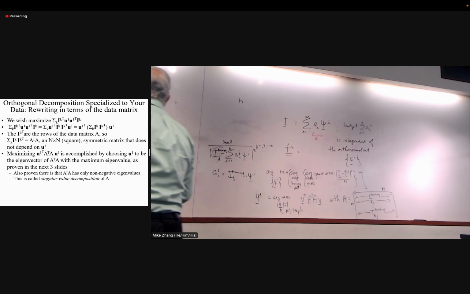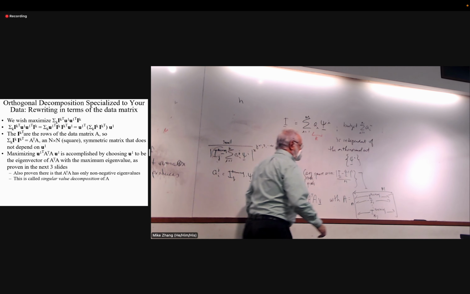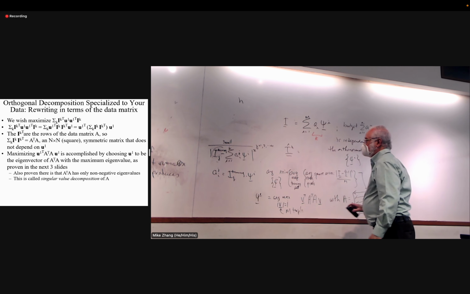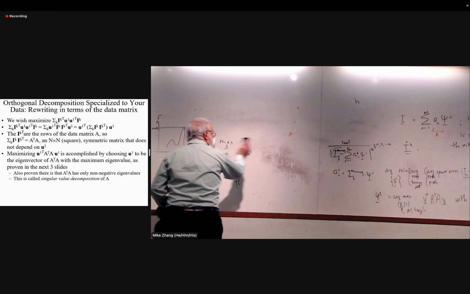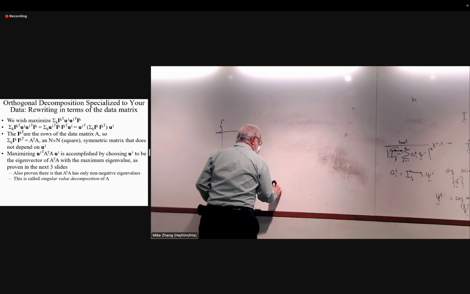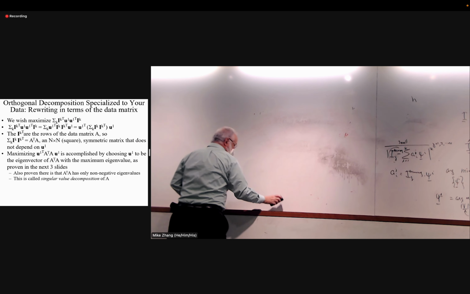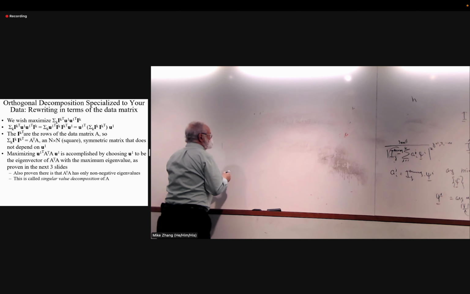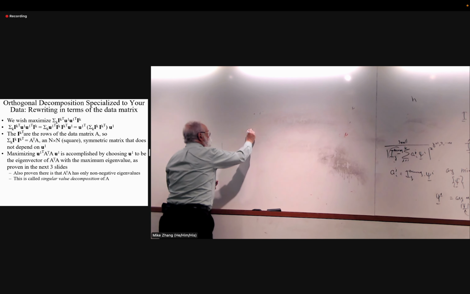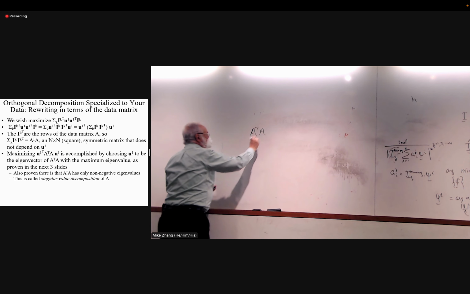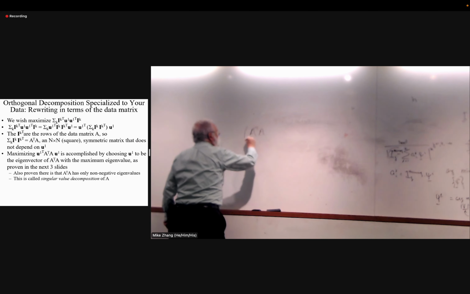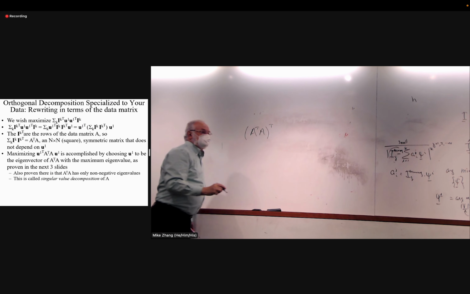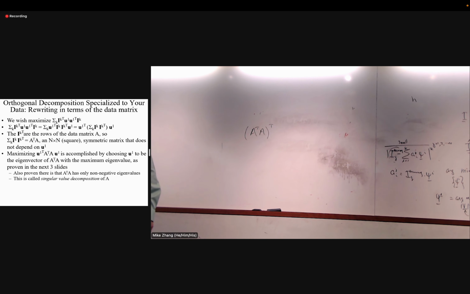So let us first of all notice that this matrix A transpose A is symmetric. Well, we just check whether it's symmetric by asking whether its transpose is equal to itself.